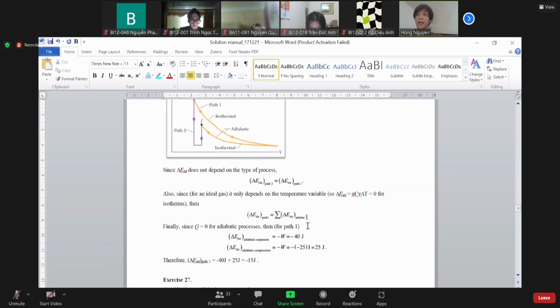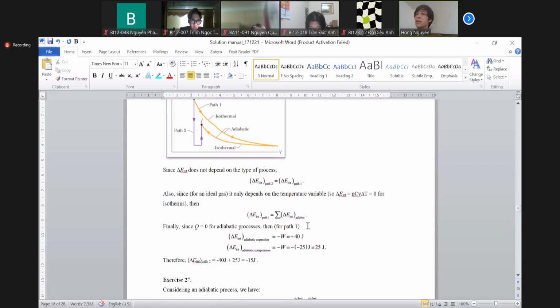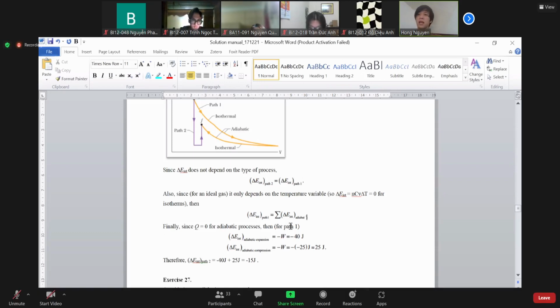And for adiabatic processes, what we know is that the heat equals 0 already. Then delta E should be equal to minus W according to the first law. So the change in internal energy equals minus the work done by the gas.